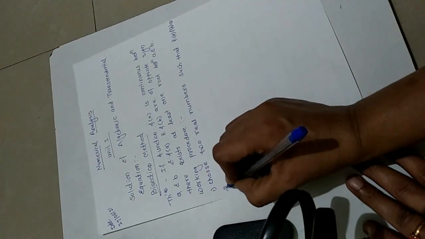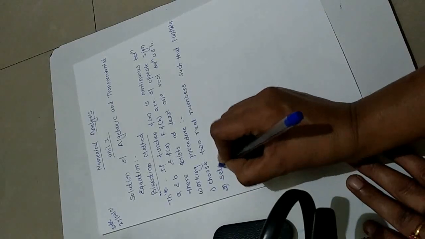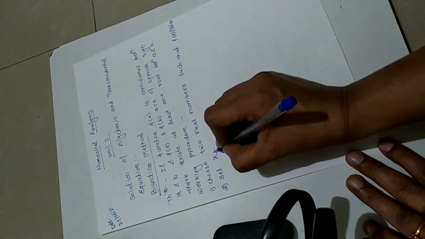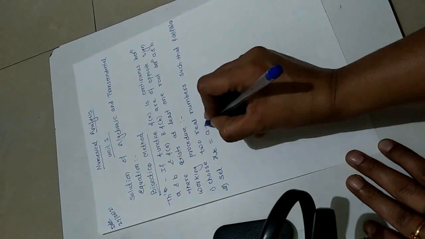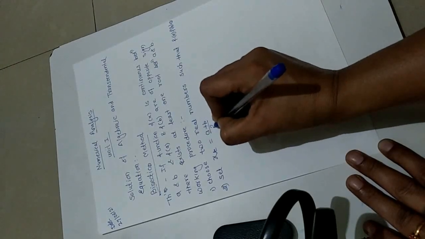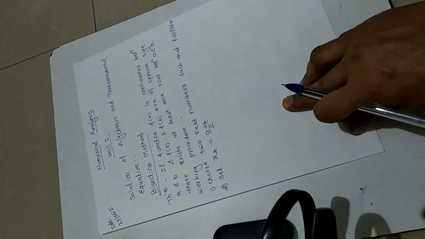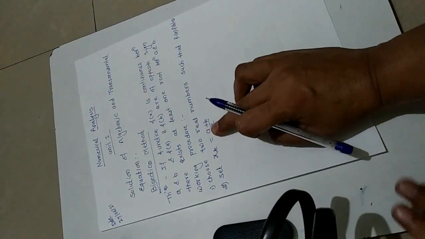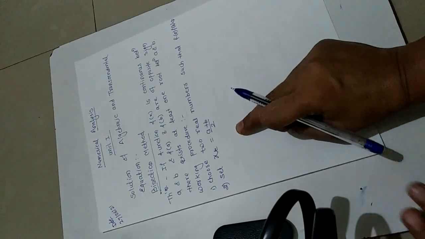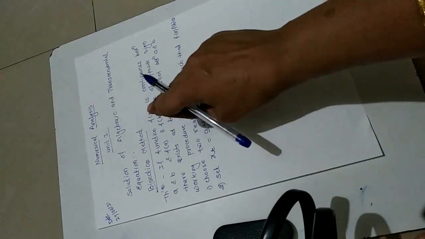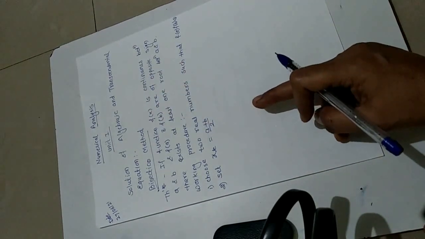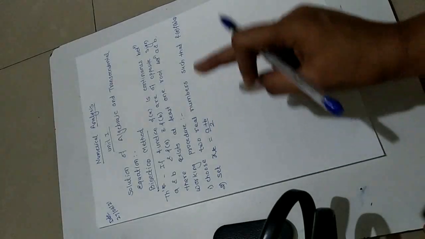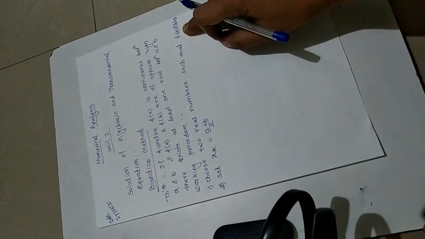And second, set x of r that is equal to a plus b divided by 2. a and b are real numbers. Then put the value of a in f of x and find f of a, and put the value of b in f of x, then find f of b. The value of the product of these two is less than 0 in step 1.